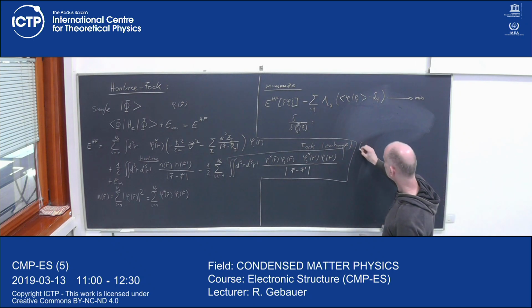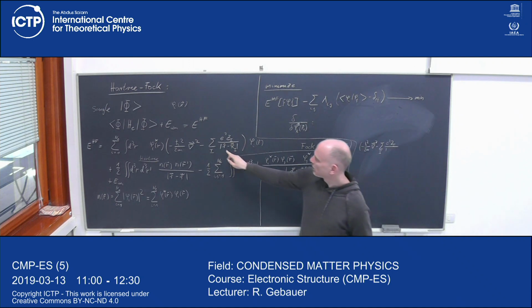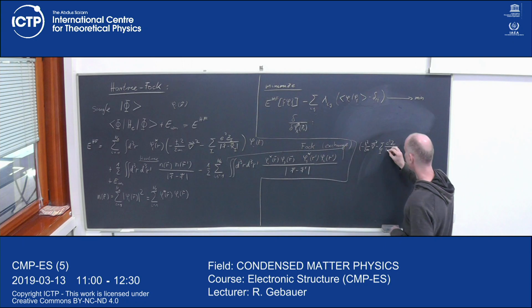So we'll get a lot of terms. We will have minus h bar squared divided by 2m times the second derivative, minus the sum over all nuclei of e squared Z_I divided by the absolute value of r1 minus R_I, acting on phi k of r1.